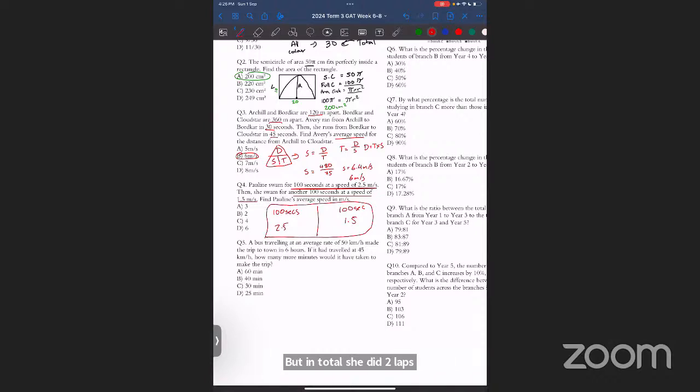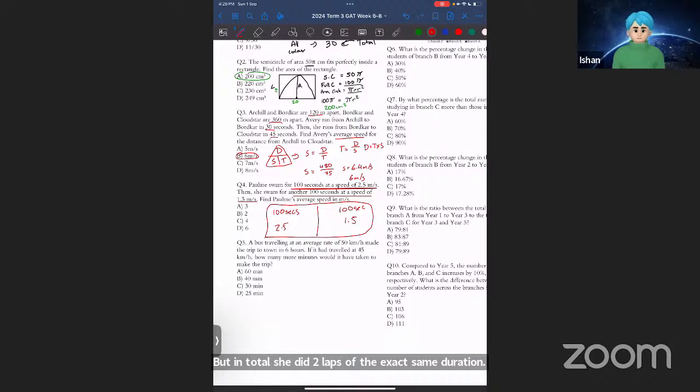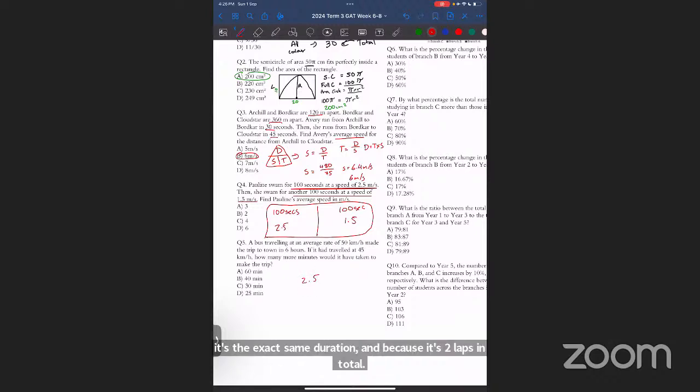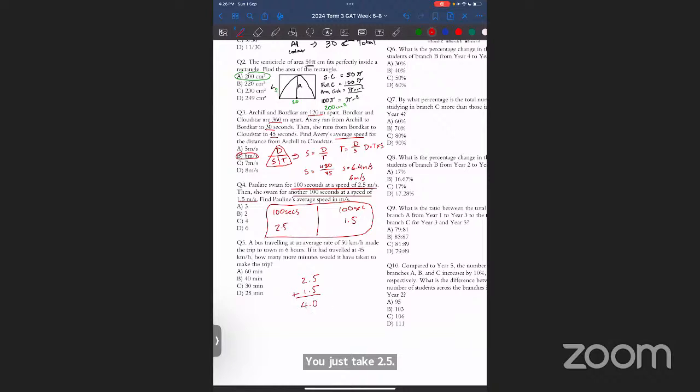Because it's the same duration, you just take 2.5 plus 1.5 to get the total, and then you divide by 2, because there are 2 laps, to get the average speed per lap, which is 2 meters per second. The answer is B.